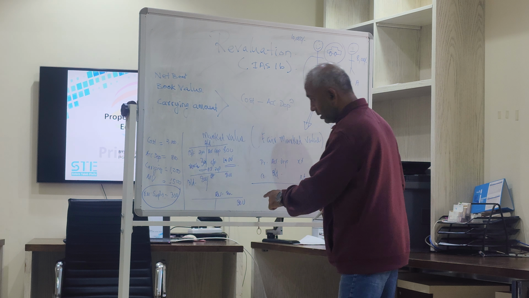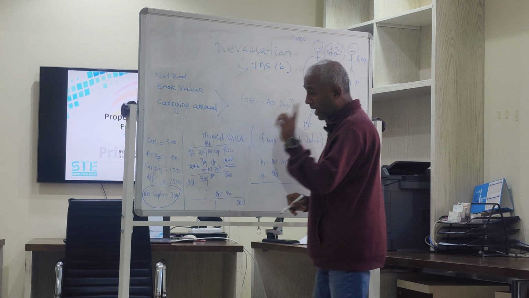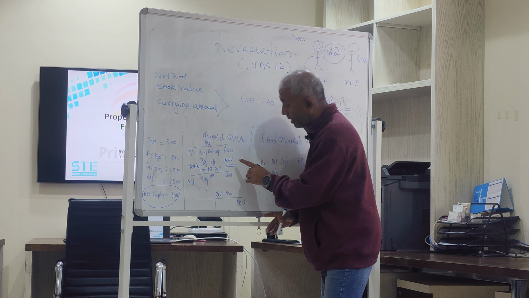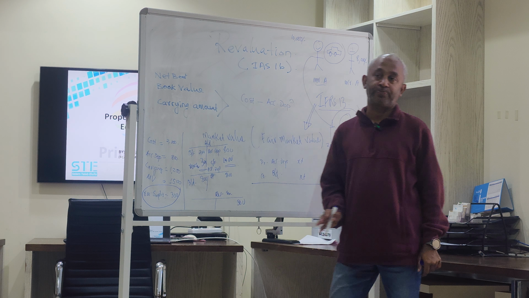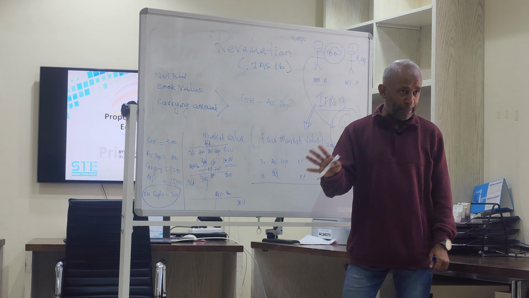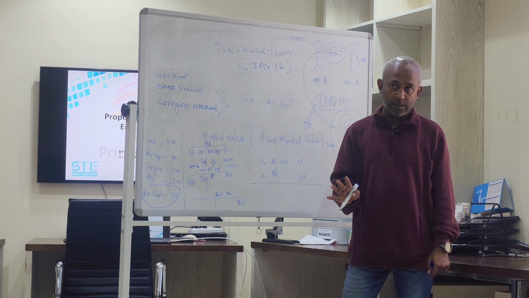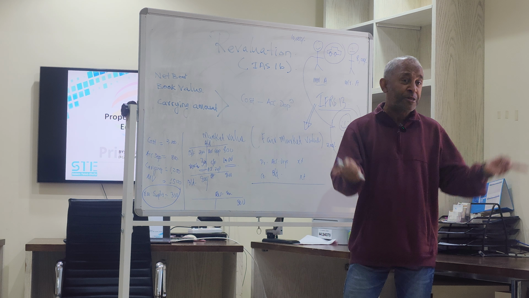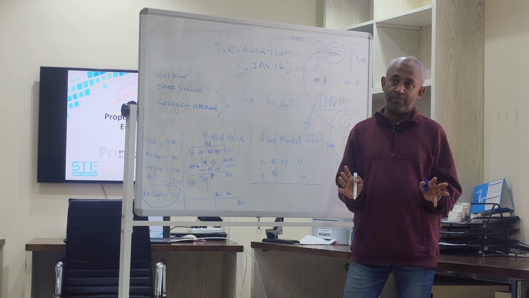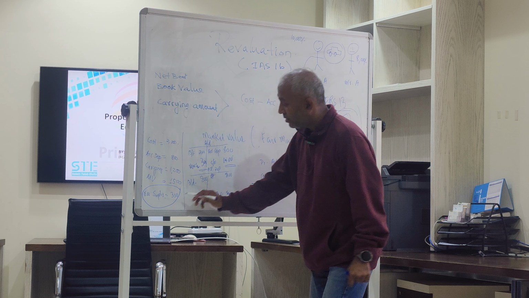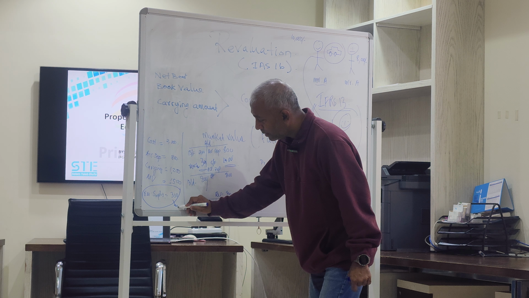Now this 1,500 is my closing balance and that should be this. So now, double entry. Please note that we don't pass double entries for the balances. There is no double entry for balances. The balance comes as a result of double entry. Now we understood this is a surplus, meaning it's like a gain.